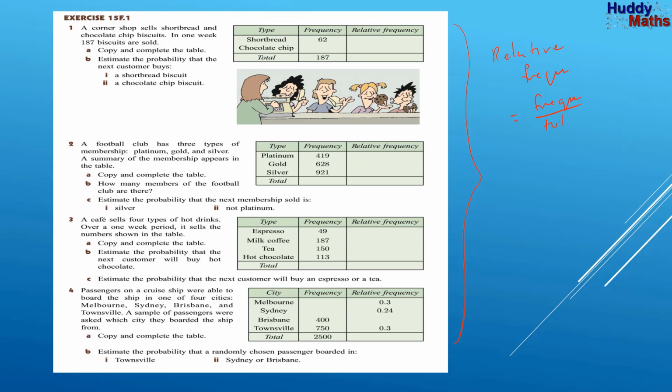It's the same as the chances out of sort of thing, only this time the frequency is the number of times it occurs out of the total number of experiments. It's an experimental equivalent to your definition of probability, with the expected number of things making up your event over the total number of outcomes.